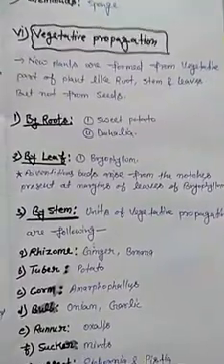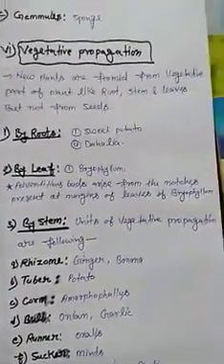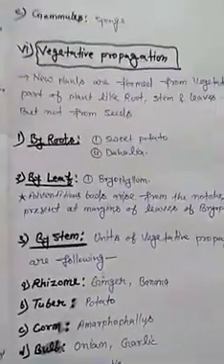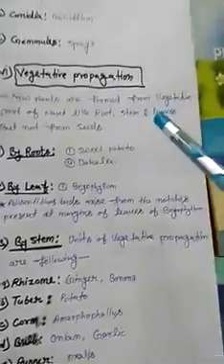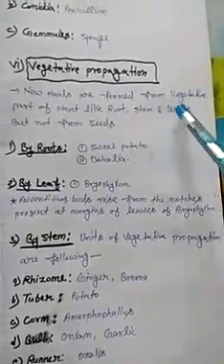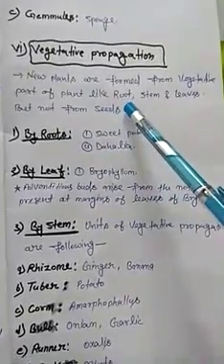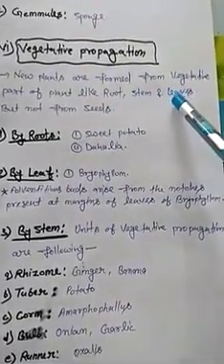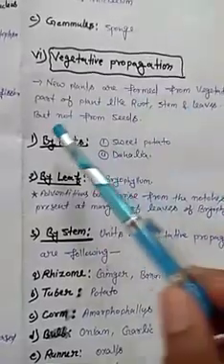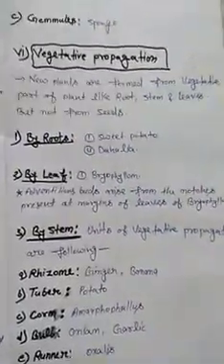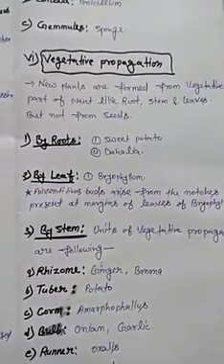So what is vegetative propagation? Vegetative propagation is defined as new plants formed from the vegetative part of the plant like root, stem and leaves, but not from seed.